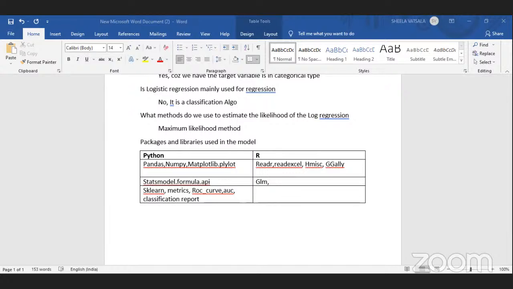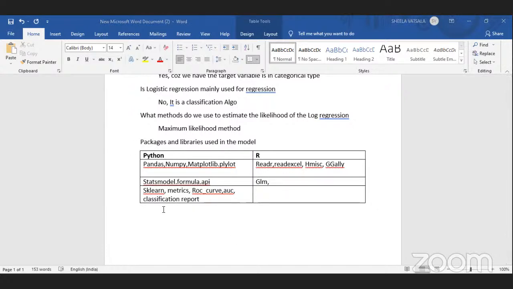Yes, glmnet. Good. GLM net and what else?